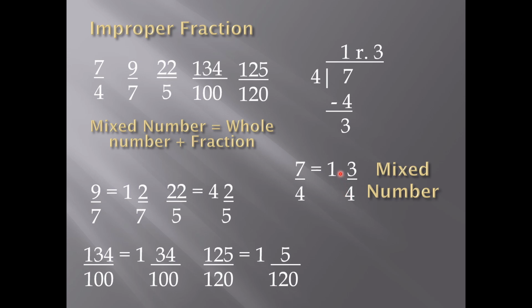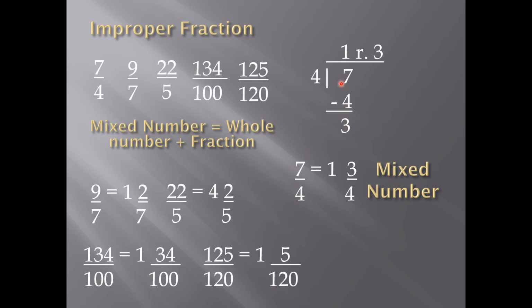To get the improper fraction from a mixed number, you multiply the denominator by the whole number, and then you add it to the numerator. So 4 times 1 is 4 plus 3, that's 7. That's how you will get 7 over 4.